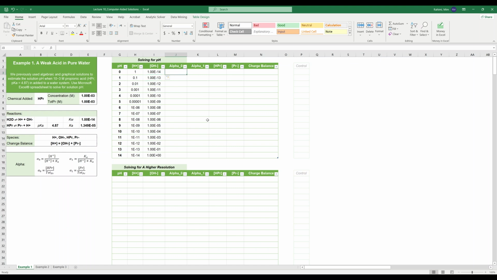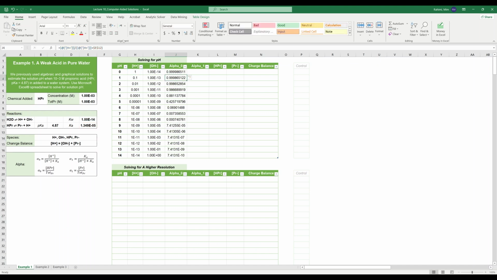Then the alpha 0 term, we define that to be the concentration of proton divided by this denominator, which is basically the concentration of proton, which is the variable, plus this constant, which is Ka. Again, because this is a constant, we need to put this dollar sign, just the language that Excel uses to keep a constant rather than a variable that varies throughout the table.